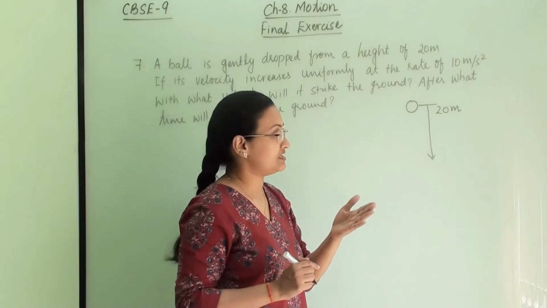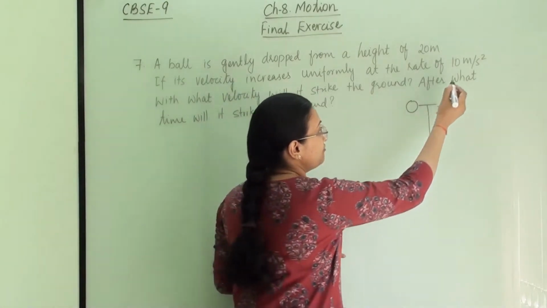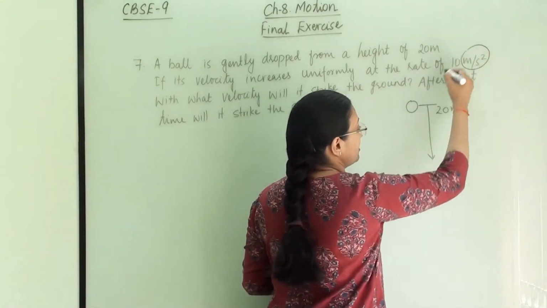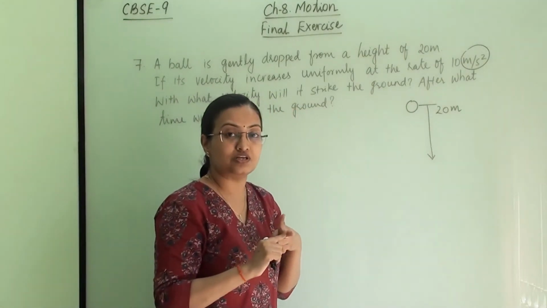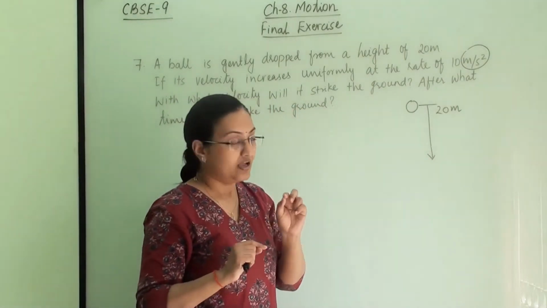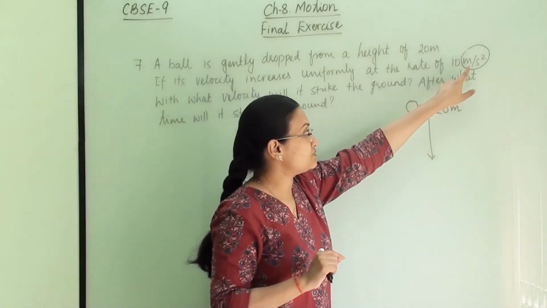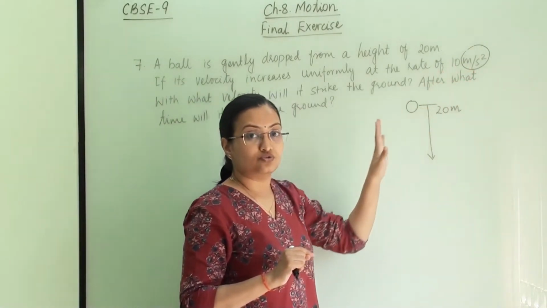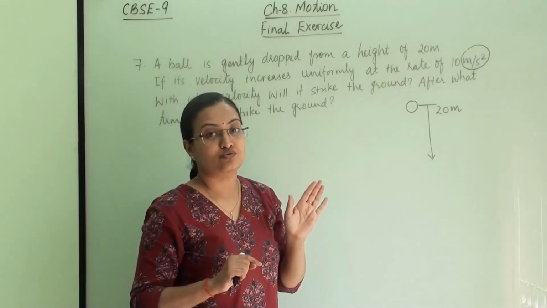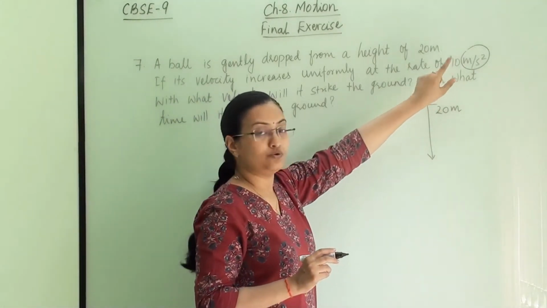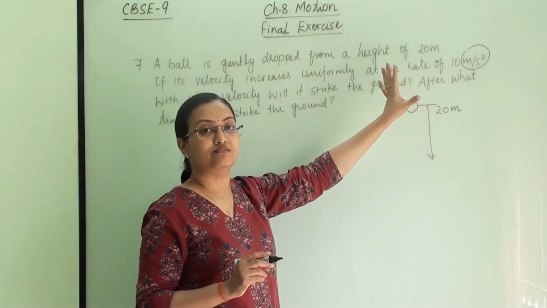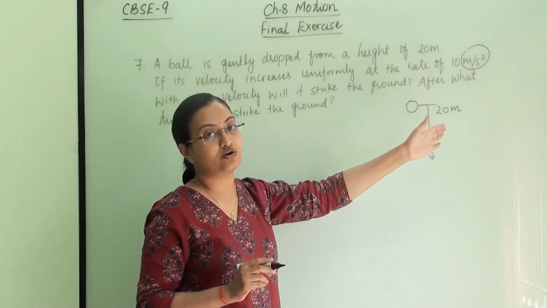And second thing, from the unit you can check whether this is velocity or acceleration. Velocity's unit is meter per second and here the unit is meter per second square. So this unit belongs to acceleration. This is the way you can make out whether they have given the velocity or acceleration.